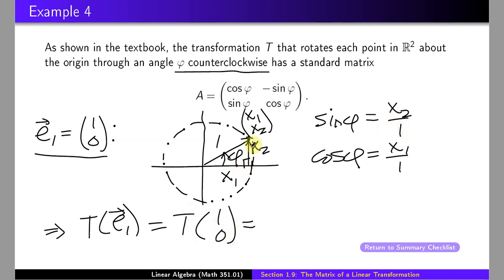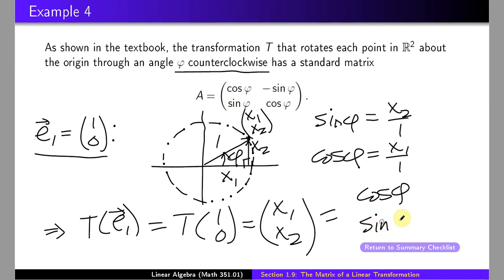So the result is the vector x1, x2, where specifically x1 is cosine of phi and x2 is going to be sine of phi. Okay, so we found T of e1. Once we find T of e2, then we'll have what the matrix is going to be. Let's go ahead and do that.